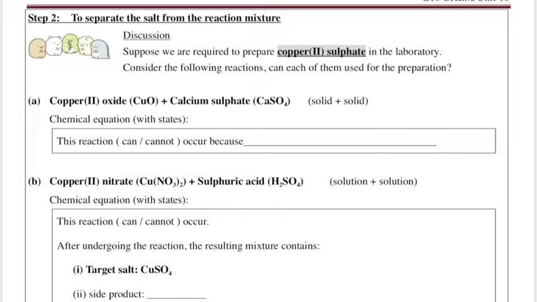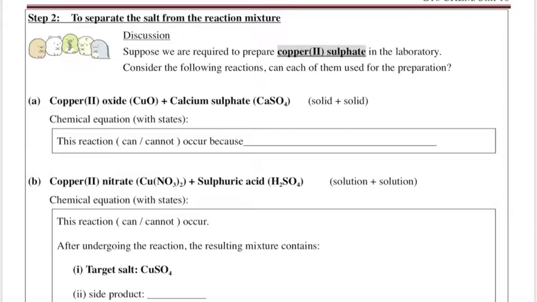So here, remember the example I have mentioned to you. Okay, there are some side products formed during the reaction, and we need to consider, can we avoid producing a lot of side products, and is there a way that we can remove those side products or separate our product from those side products? Okay, so let's consider some examples together.